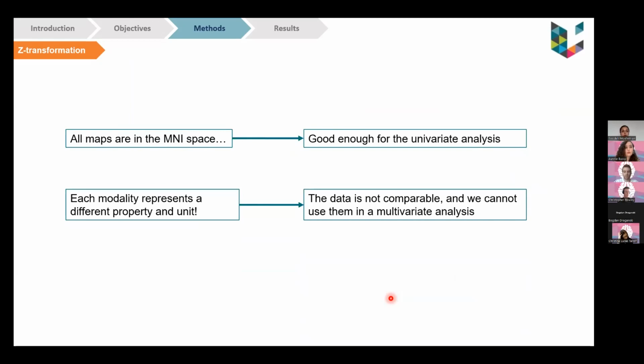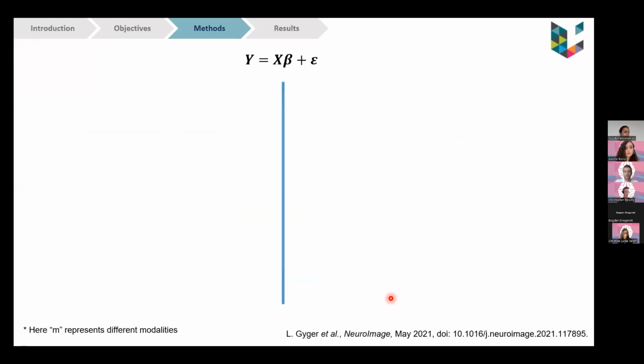What should we do? Z transformation. We did Z transformation on the data over each modality, over all subjects. Now we have the data ready for doing the statistical analysis.